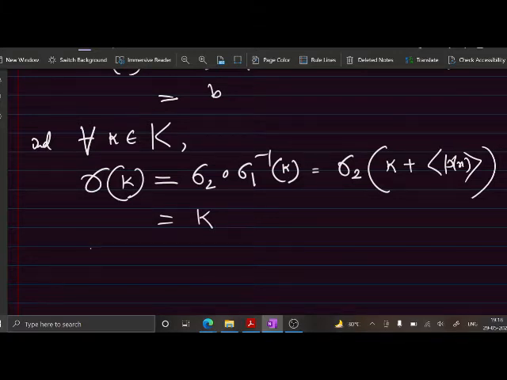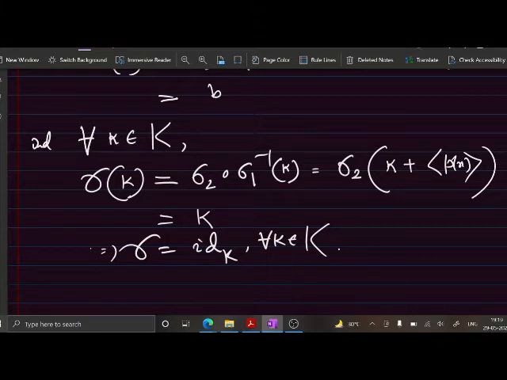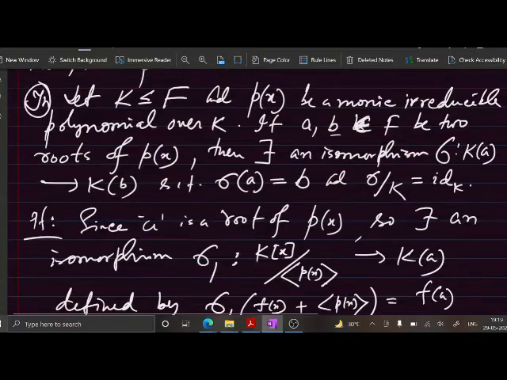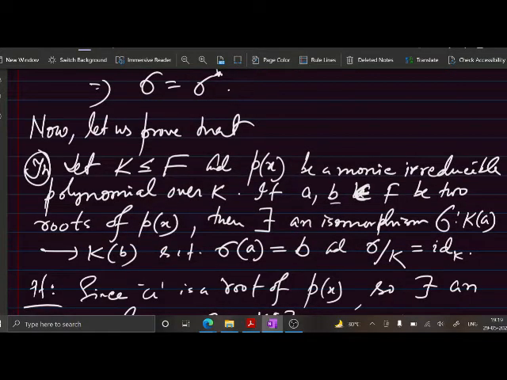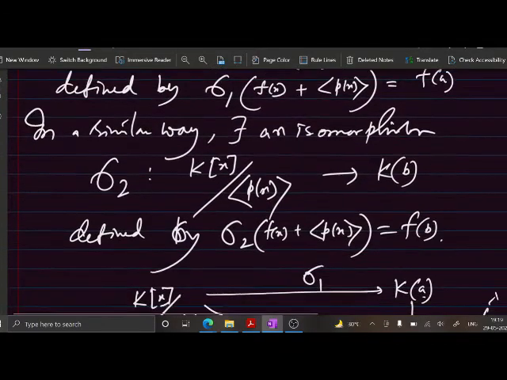Therefore sigma is the identity map over k. So this completes the proof. For any two roots a and b of the monic irreducible polynomial p(x) over k, there exists an isomorphism from k(a) to k(b) such that sigma of a is b and it is a k-homomorphism.